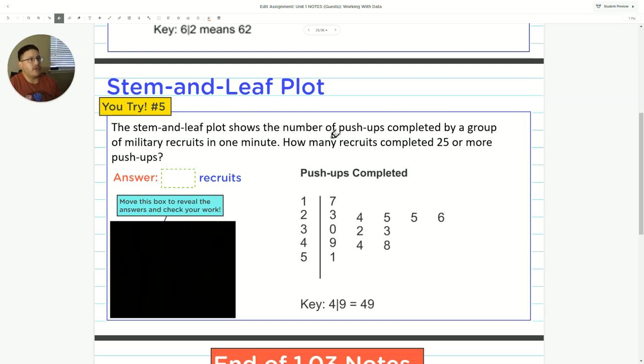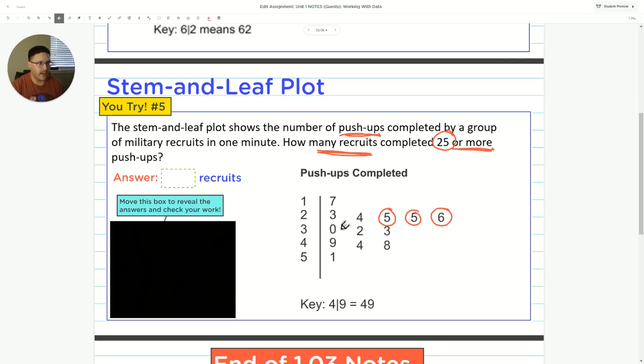The stem and leaf plot shows the number of push-ups completed by a group of military recruits in 1 minute. How many recruits completed 25 or more push-ups? So the or more means we're going to want more than 25. So we're going to locate 25 or more and only count the stuff that's above 25.